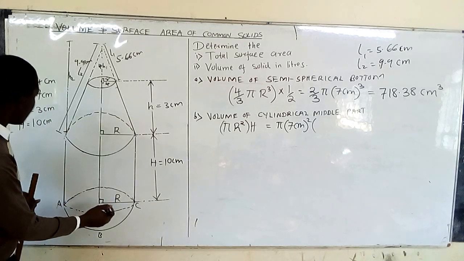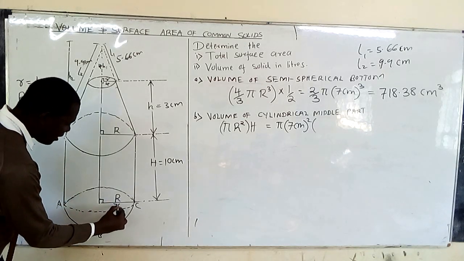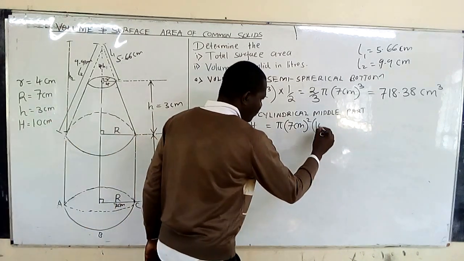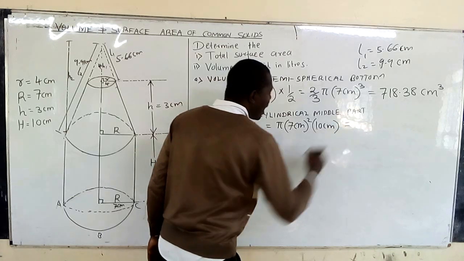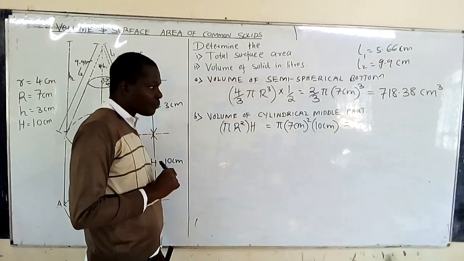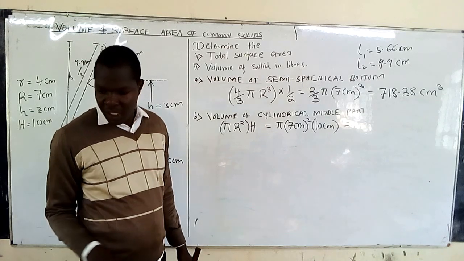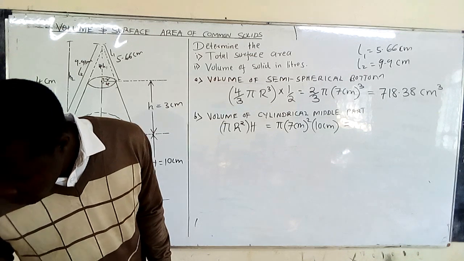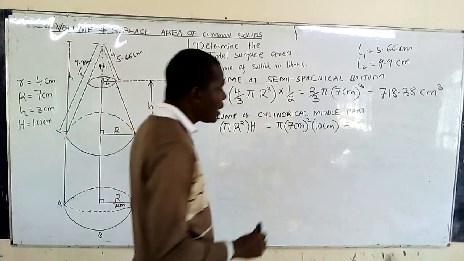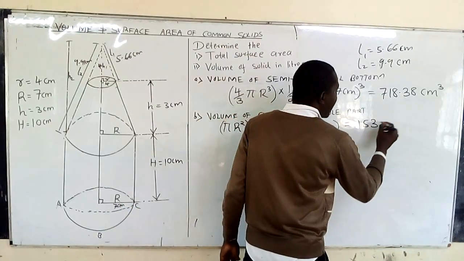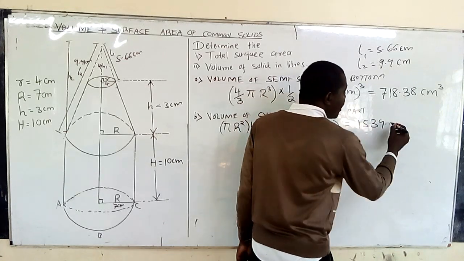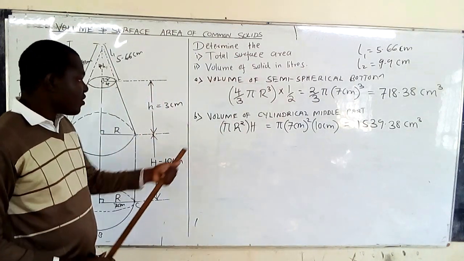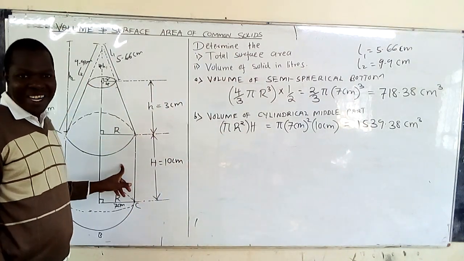The big R you are told to take to be 7 centimeters, so the big H is 10 centimeters. So if you work out that, what do you get? 1539.38 centimeters cube. Good. So that is the volume of the cylindrical middle part, isn't it?